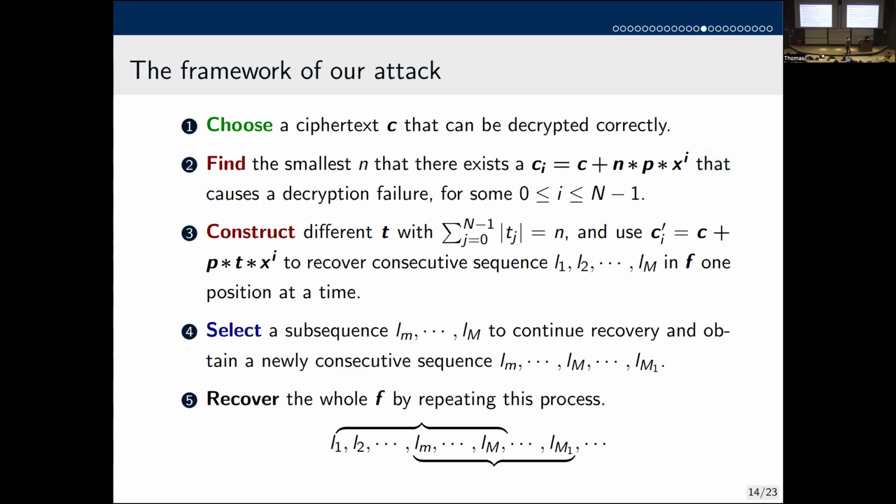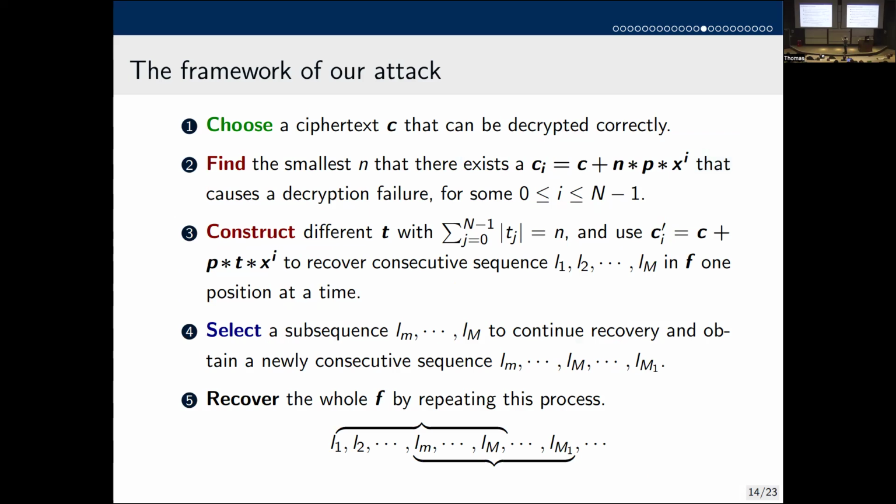So the framework of the attack is actually pretty simple. First, choose a ciphertext that can be decrypted correctly. Actually, in our attack, we just choose the ciphertext to be 0. That's it, nothing else. And then the second step is to find the smallest n such that decryption fails, repeating what was done before.